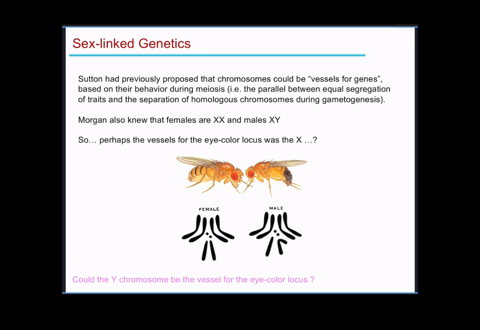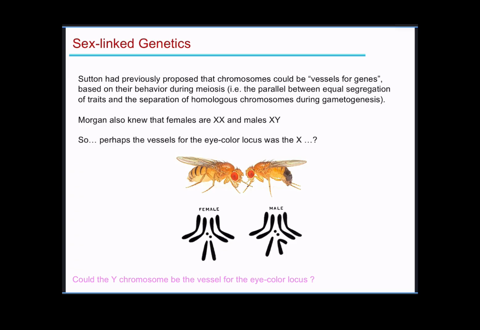So let's try and think about this together. Could the Y chromosome be the vessel for the eye color locus? Let's try loss of function. So let's say that you hypothesize that the Y chromosome is the one that carries the eye color gene, right? So if that is true, then you could try and find a Y chromosome with a mutant eye color gene, right?